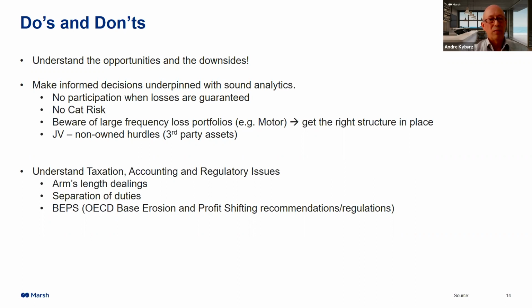If you have frequency portfolios, it could be a large motor fleet that is running very profitably, like I've seen for car manufacturers, for example, then you would need to structure participation in that program through a reinsurance arrangement where a fronting insurer handles all the claims for you, and then cedes part of the portfolio to the captive on a reinsurance basis. So you get a monthly bordereau and don't have to handle all the frequency claims yourself.